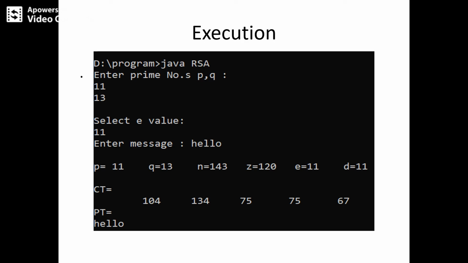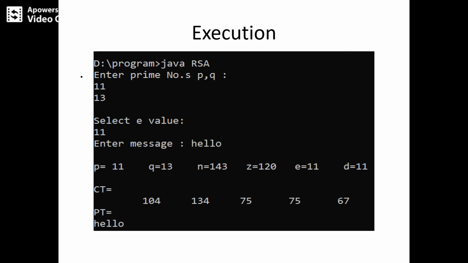The process is simple: the conversion to ciphertext CT. Ciphertext C1 for the first character equals the plain text to the power of the integer value e that we have selected, modulus n, the product of the two prime numbers. So we get each value, which is converted into its ASCII value.